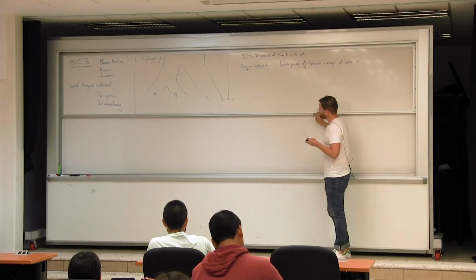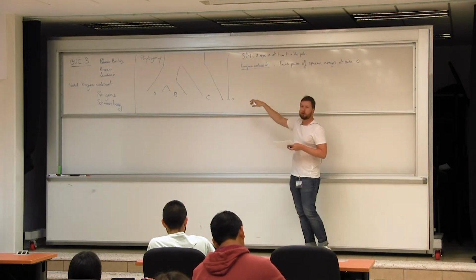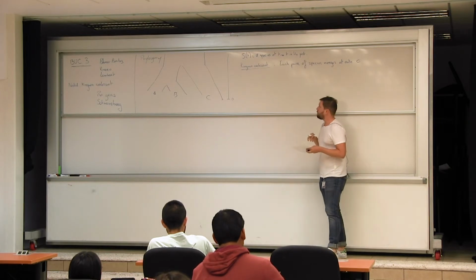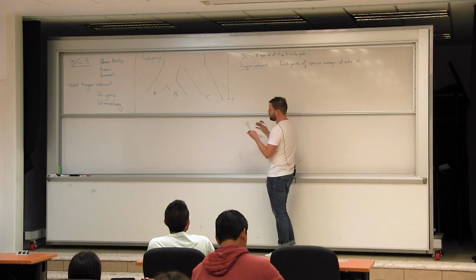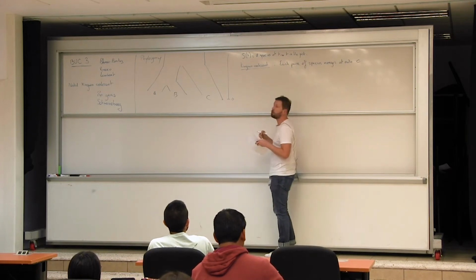Okay? So you put a clock of rate c over every pair of species, and you wait that these clocks ring, and then you merge the two species. Okay? So this is a binary merging.